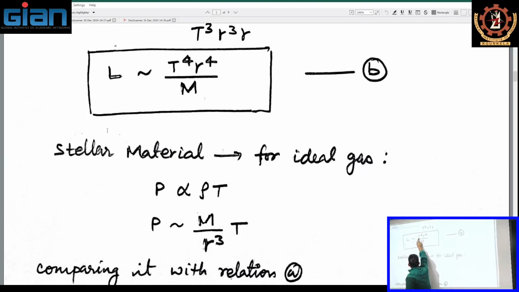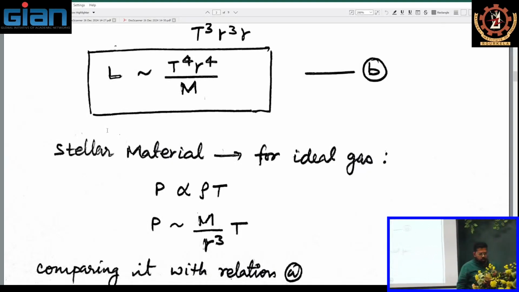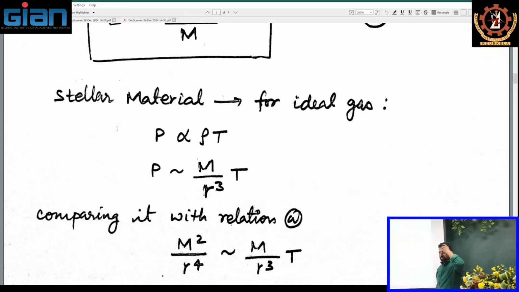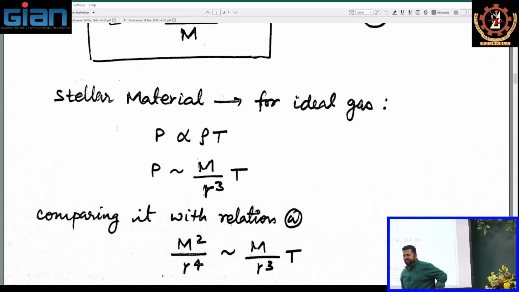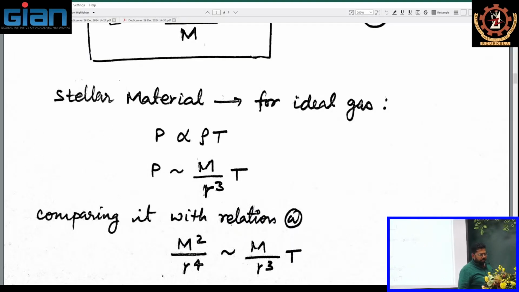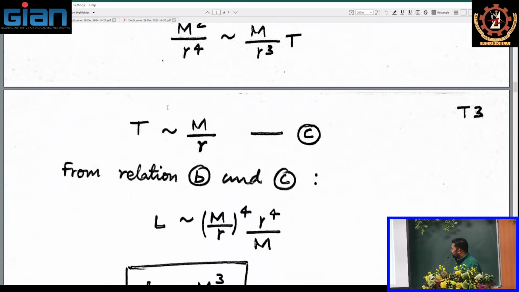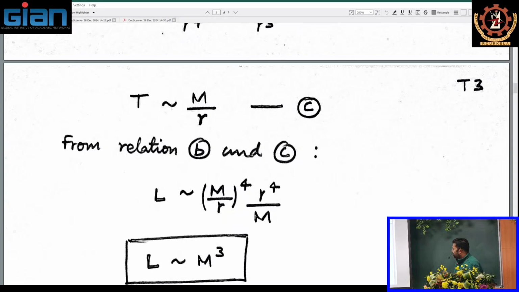So let's put the value of T there and see whether R is still appearing or we get rid of R. So what are you getting if you are doing that? M cube, all of you are getting M cube? Okay, perfect. This is what I am also getting.